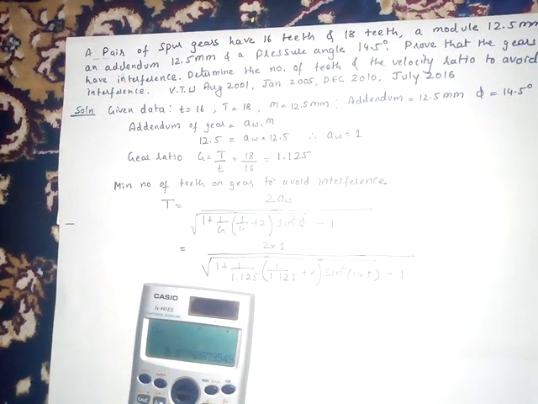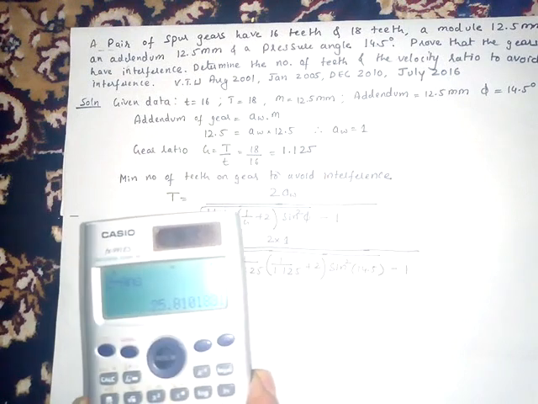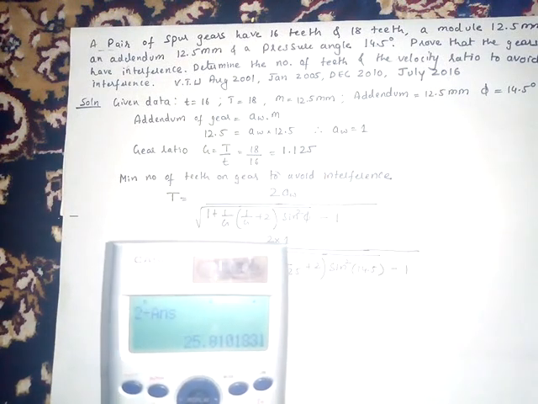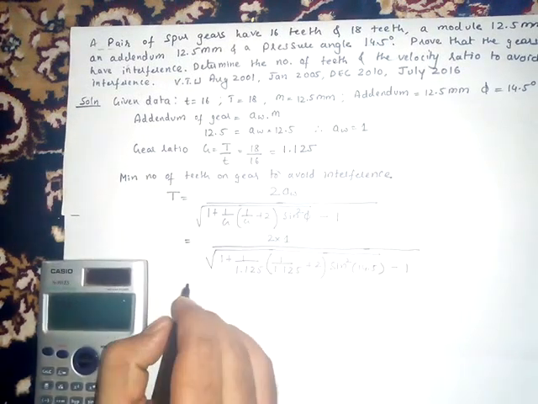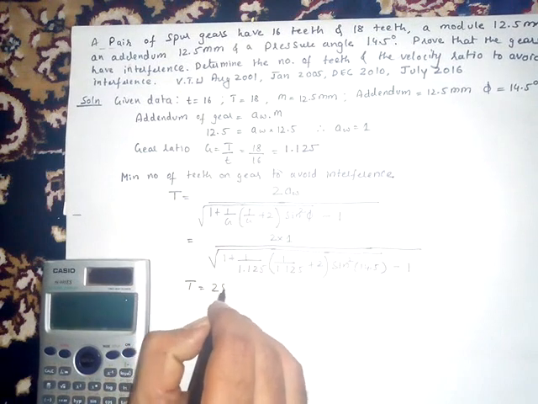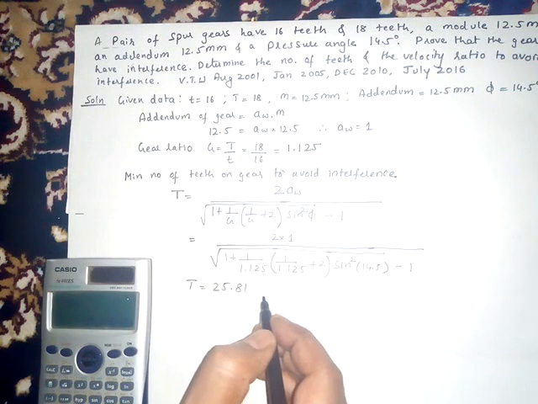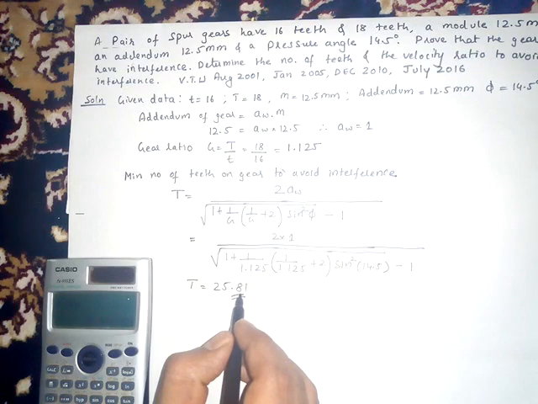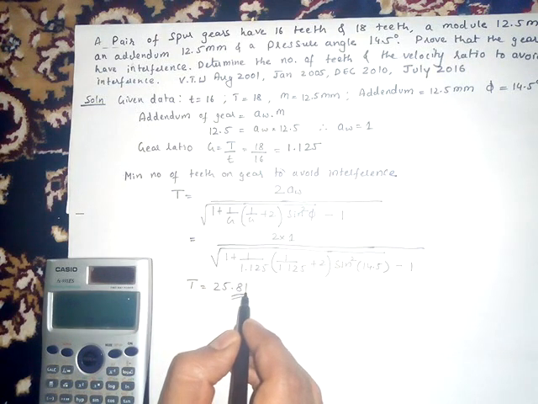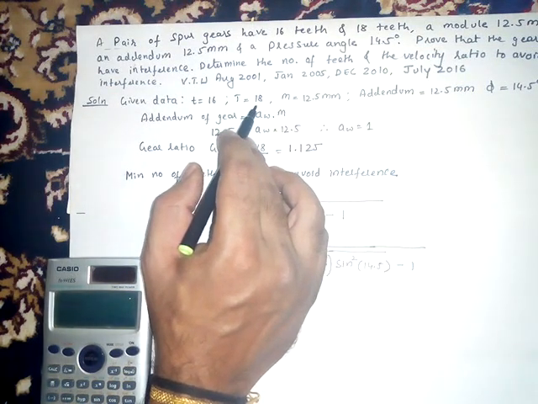So 2 divided by denominator is 25.81. Now what we have to note here is this value of 25.81 is more than the value of teeth on the gear, that is 18.